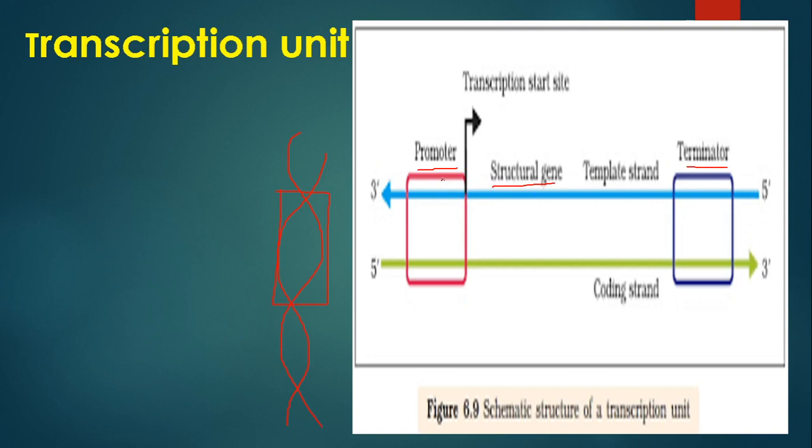Now, the promoter unit means this particular portion of DNA will be made up of bases upon which the RNA polymerase, the enzyme responsible for transcription, can bind and start the process of transcription. Following it is the structural gene.